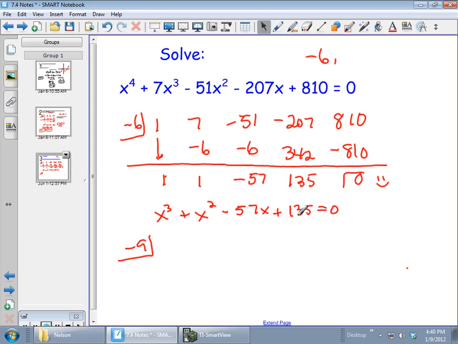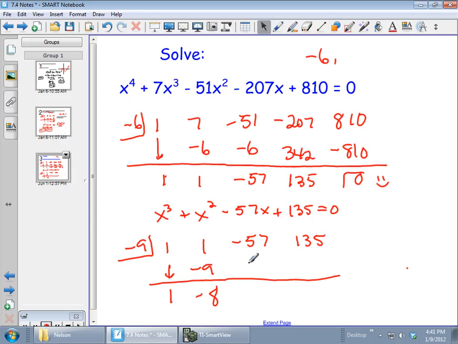And we'll use the coefficients of what's left over here. So we keep wanting to get it lower and lower until we have something that's more workable, like a quadratic. So 1, 1, negative 57, and 135. Draw our little line. Drop the 1 down. Negative 9 times 1 is negative 9. 1 plus negative 9 is negative 8.